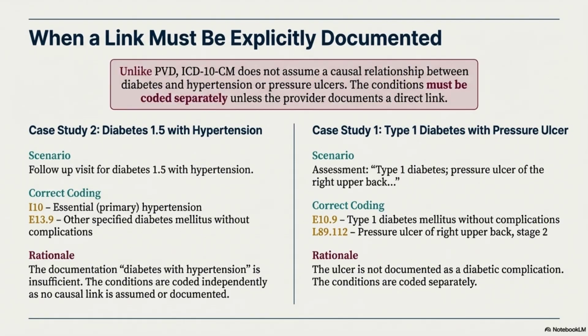So, we assign E10.9 for type 1 diabetes without complications and L89.112 for the stage 2 pressure ulcer of the right upper back. Both of these examples reinforce the same principle. When ICD-10-CM does not assume a relationship, the provider must clearly document the causal link. If the documentation doesn't support it, the conditions must be coded independently.